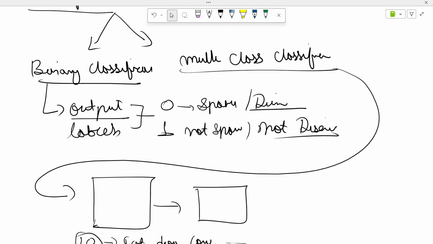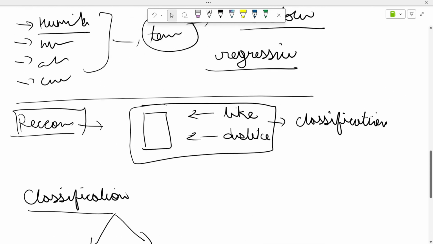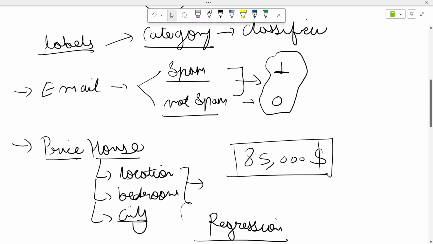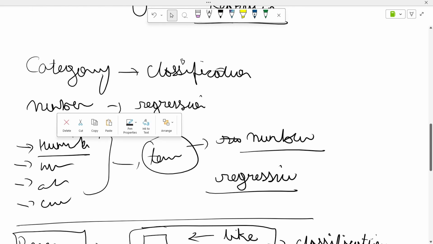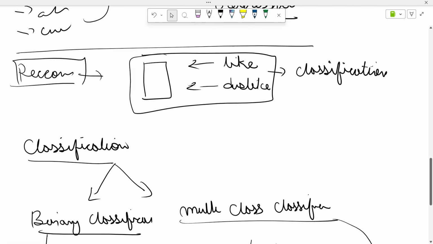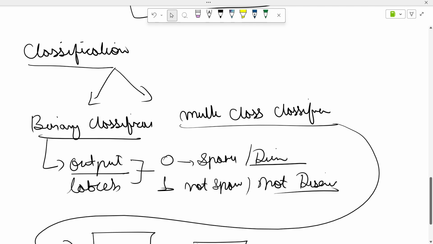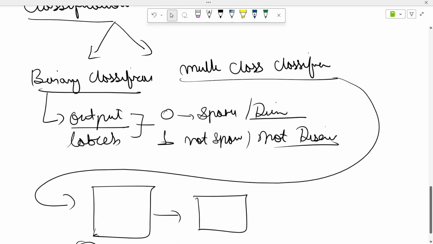We will understand in the loss function lecture how it varies, but as of now, just understand that in the types of supervised learning there can be two types, classification and regression. Classification is based on categories, regression is based on numbers. Inside classification there are also two types, binary classification and multi-class classification. Binary classification outputs two labels, 0 or 1.